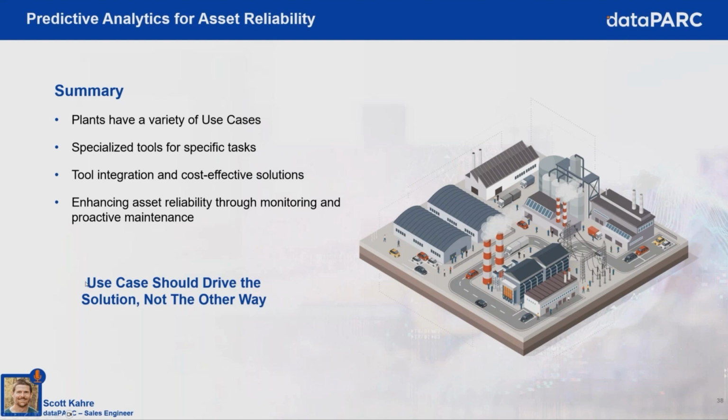If all you need to do is a simple calculation, then that will be a much less expensive and easier to maintain solution than a full AI model. But in some cases, you do need a lot of data and a full AI model to fully describe a process and detect all those sorts of anomalies. But make sure that you're not taking a solution and trying to fit it to a problem. Make sure that the problem drives the solution.